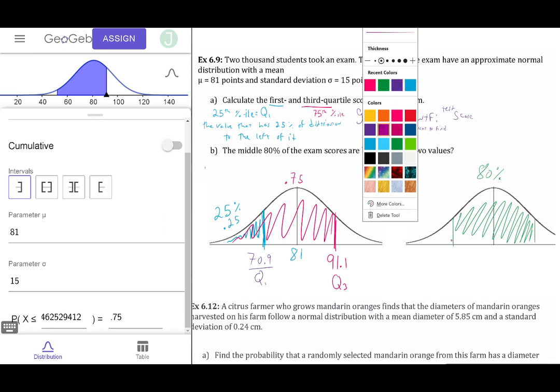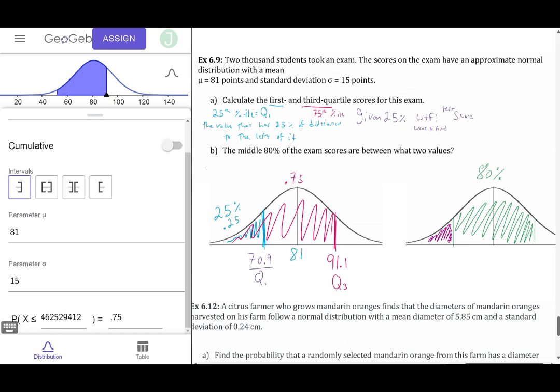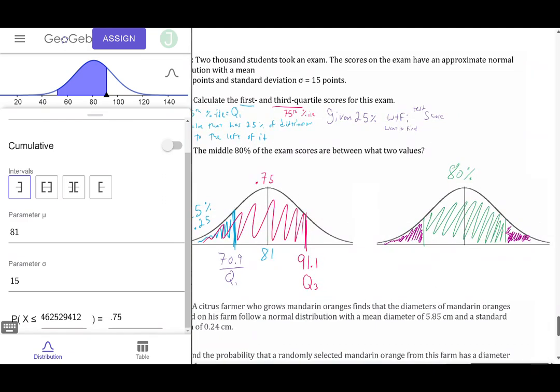First thing we need to do is talk about what is in the outside here. Well, if we know that 80% is in the inside, then these two tails will have the leftover bits. What do we mean by that? Well, if 80% is between these two values, then 20% is outside those two values. 100 minus 80 is 20%.